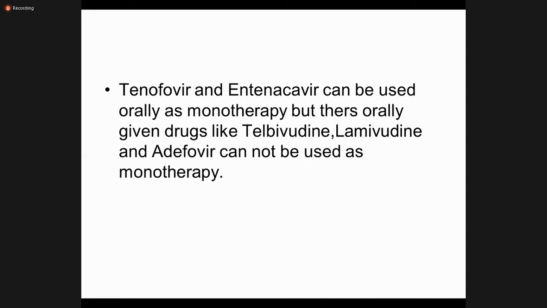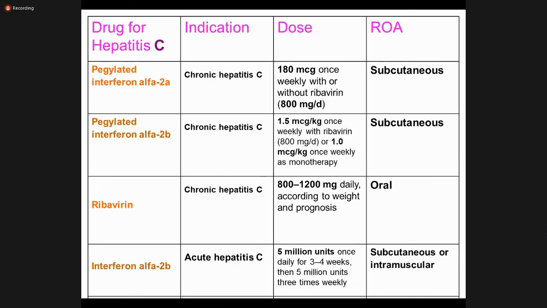The other drugs cannot, right? Similarly, ribavirin is the oral drug that can be used in the treatment of hepatitis C. And a very interesting point: there are several other drugs that can also be used orally in the treatment of hepatitis C, which we will discuss later on.